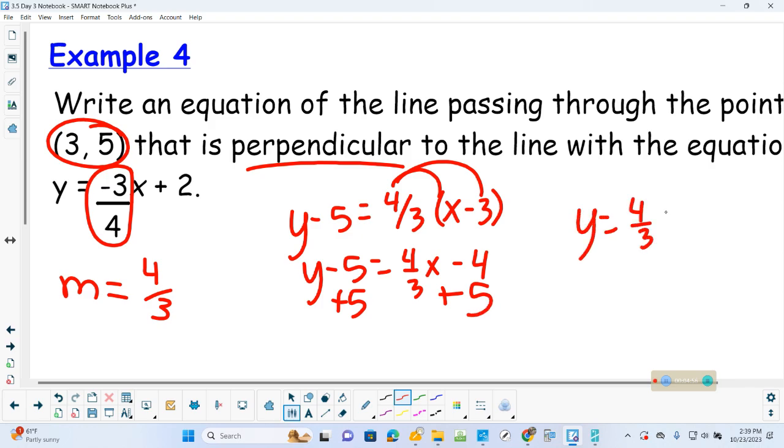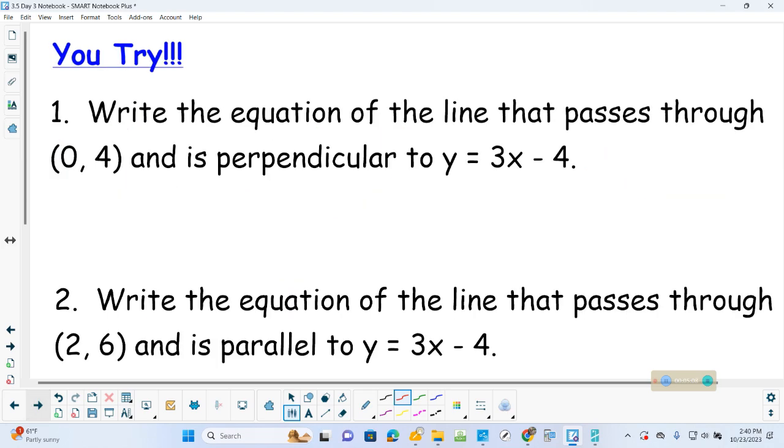Got it. So does this seem somewhat familiar from last year, your parallel and perpendicular? Some of us maybe blacked out algebra 1 altogether. Possibly. Okay, you're up. Write the equation of the line that is perpendicular and goes through that point.